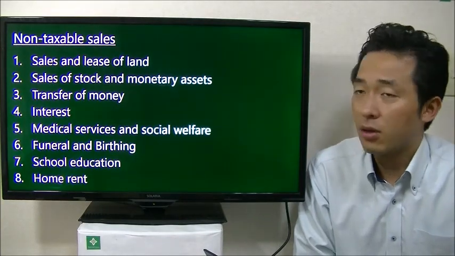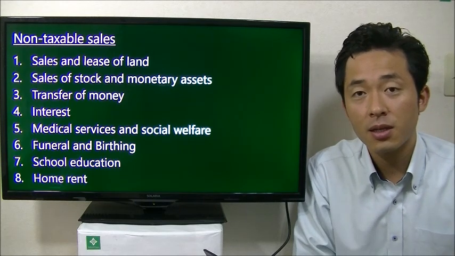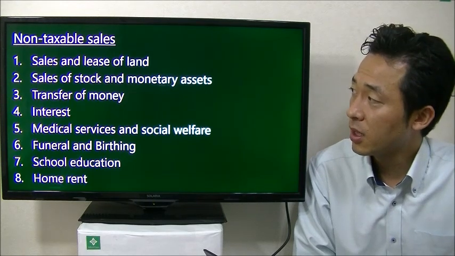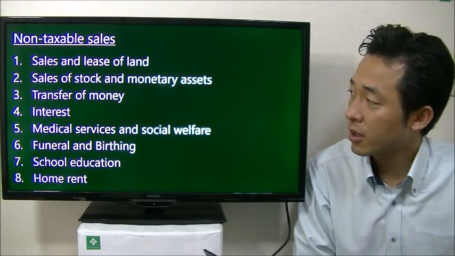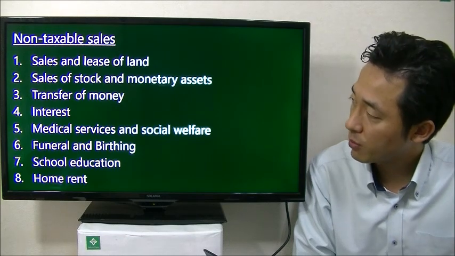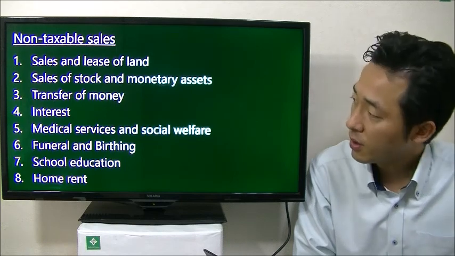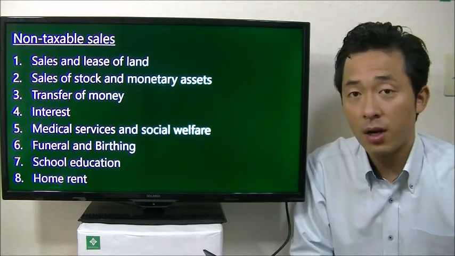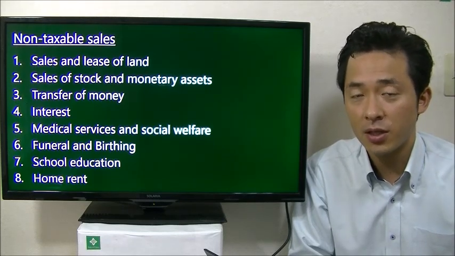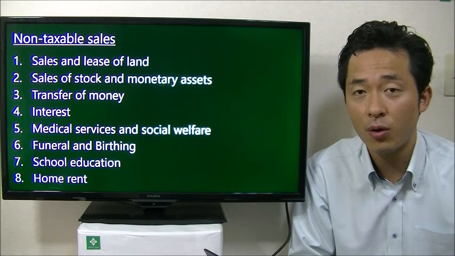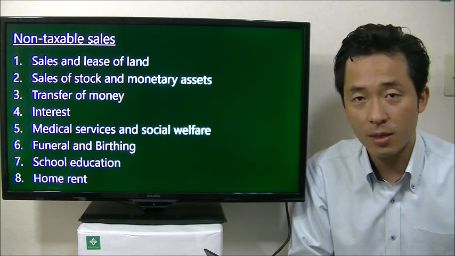The next type is non-taxable sales. For example, sales and lease of land are non-taxable sales, and sales of stock or monetary assets like bonds are not taxable, and the transfer of money is not taxable, and bank interest is not taxable, and medical services and social welfare are not taxable because the Japanese government is encouraging and supporting these services, so they have to be non-taxable.